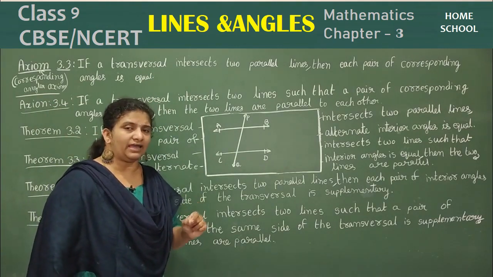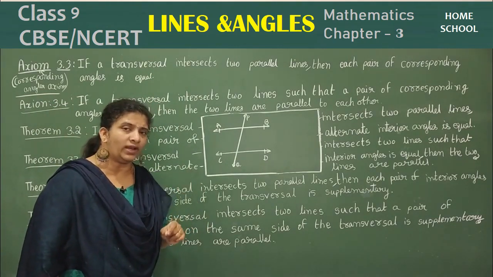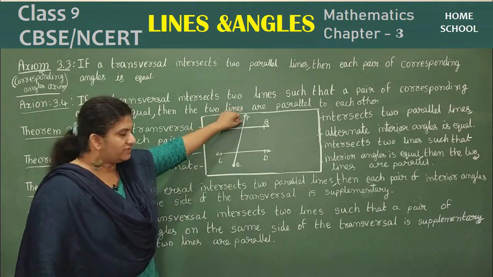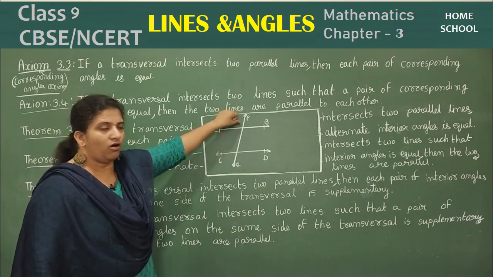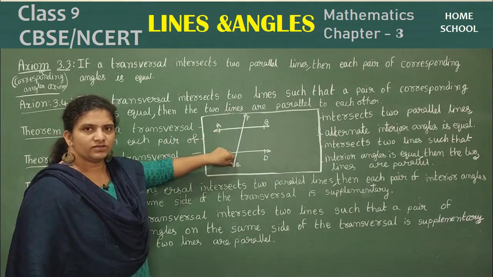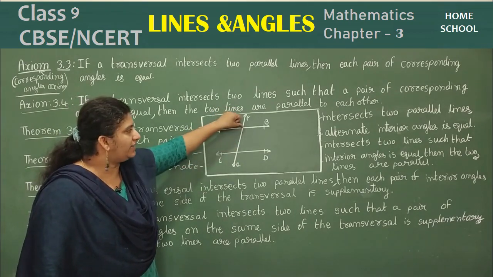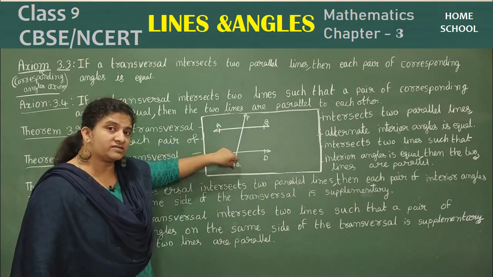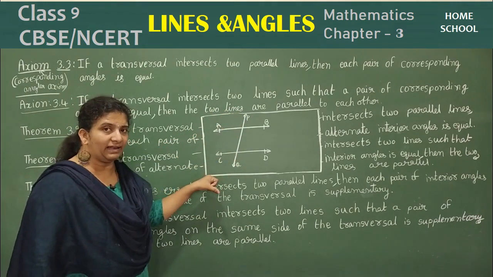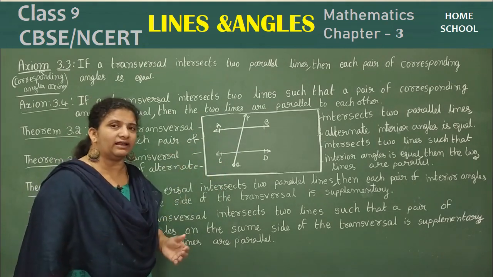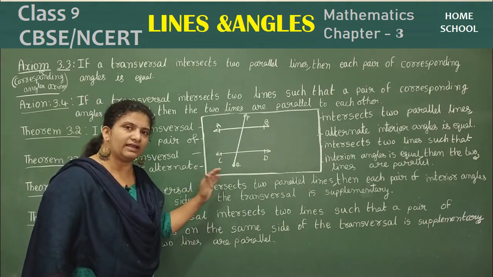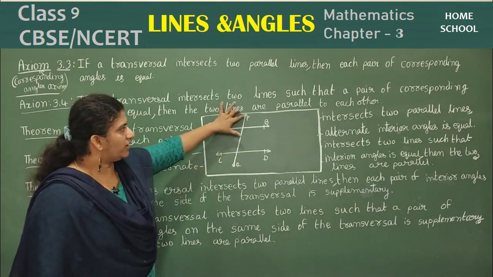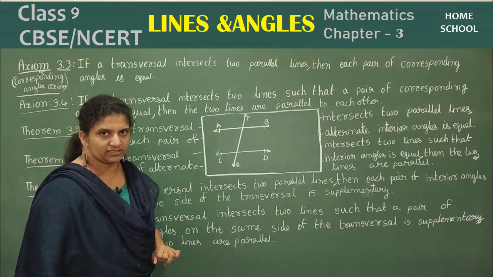It is a line drawn across two lines, intersecting them at 2 points. The line which passes through two parallel lines or more than two parallel lines, we call that line a transversal. Look here, PQ is a transversal.